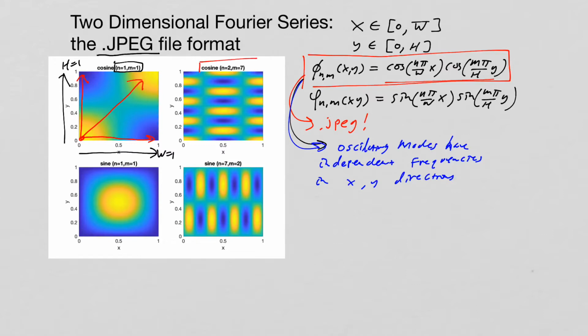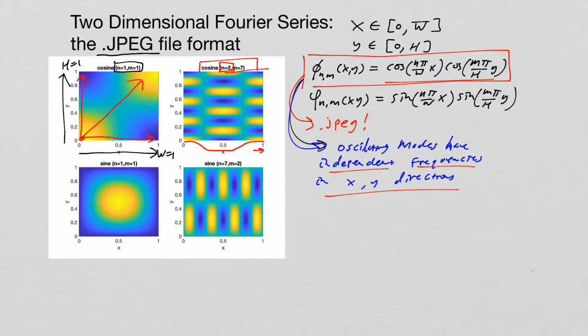If I look at the cosine n2 m7, and that's what I really mean here by having independent frequencies in the x and y directions. You see we have an n equals 2 mode, which means it's going to oscillate, go through one cycle of cosine. So in this case here it goes like this, goes down, and then back up as you go through on the x domain.